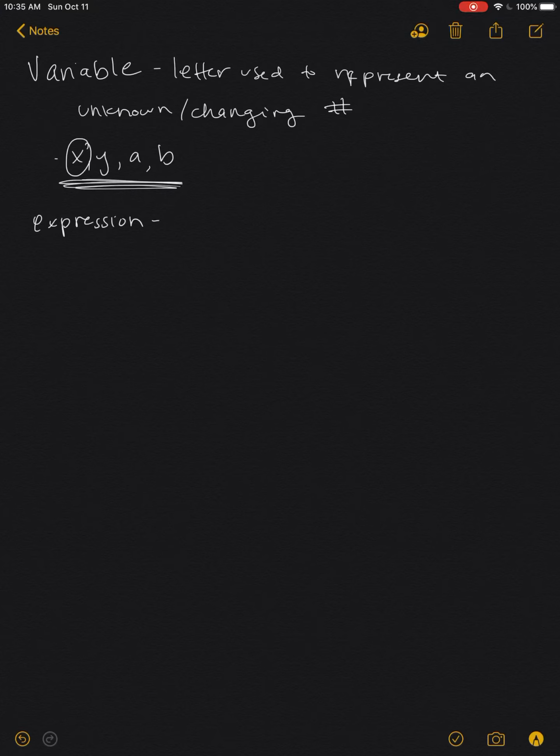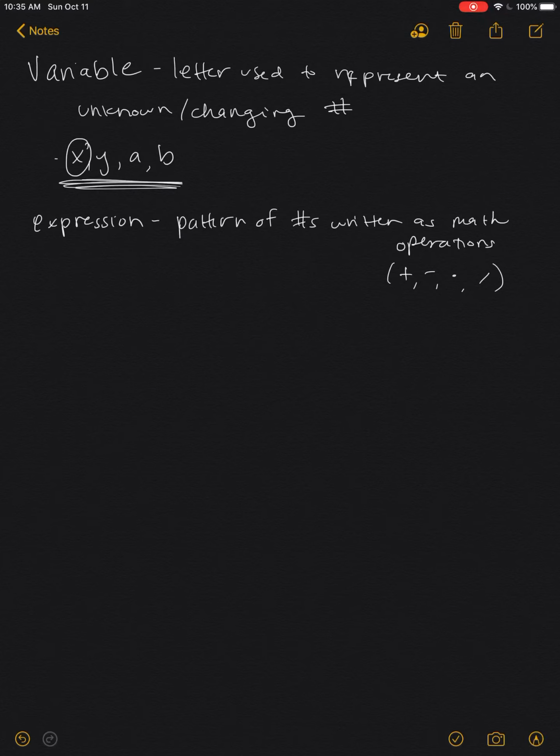So an expression is just a pattern of numbers written as math operations. Right, so if you don't remember, math operation is just like addition, subtraction, multiplication, division. Okay?